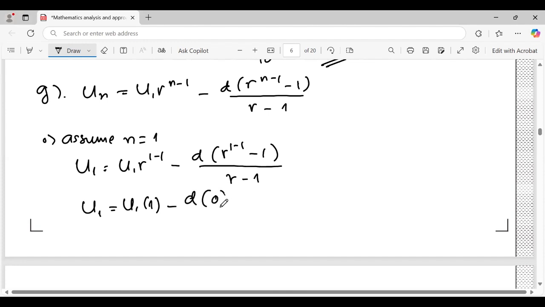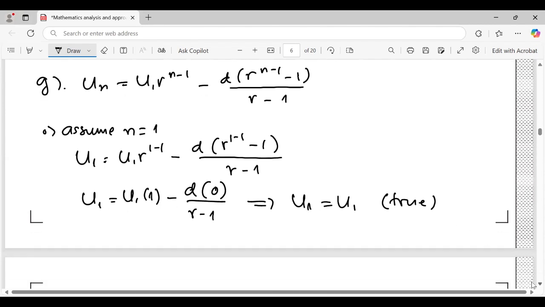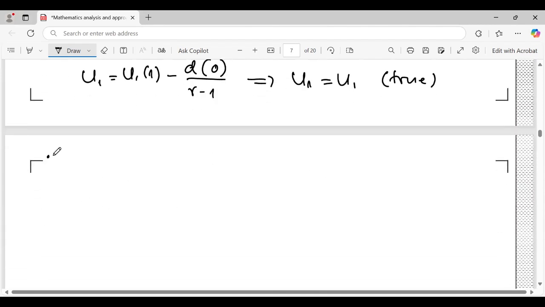And this is 0 over r minus 1. So it's going to be u1 equals u1. It is true. The next step, the second step, is we are going to assume that n equals k is true.